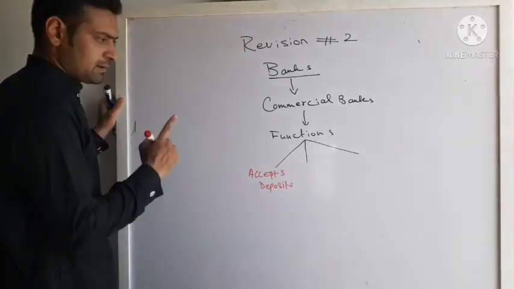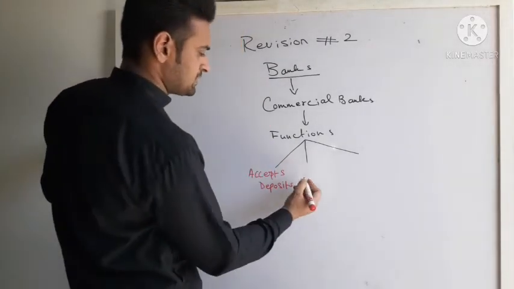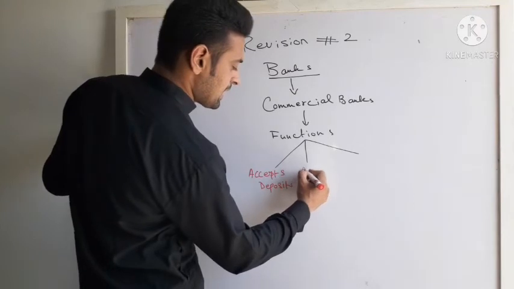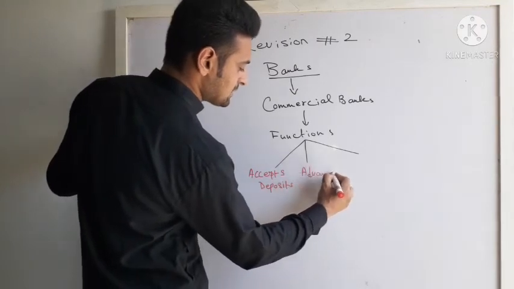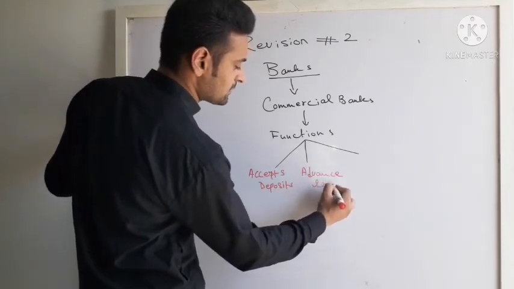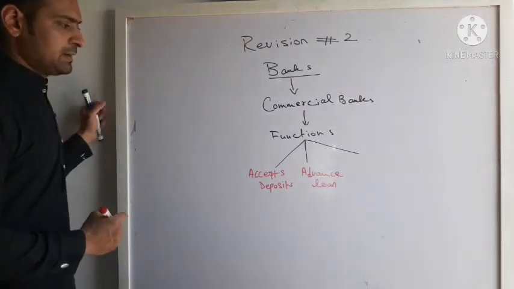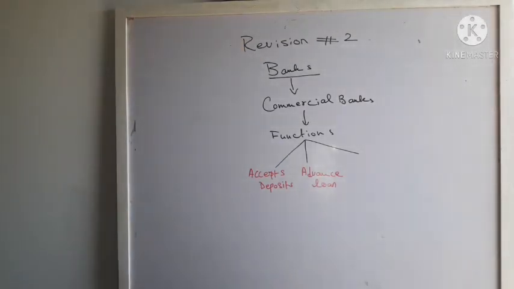Then the second function of the commercial bank is to advance loans. And then the third function of the commercial bank is to make payments.